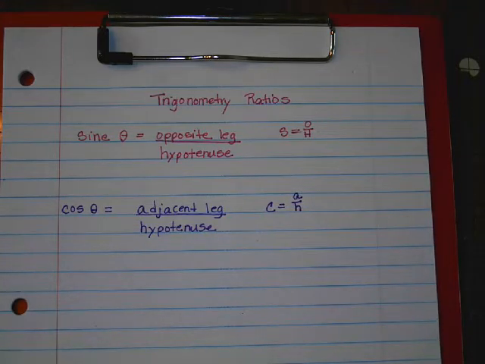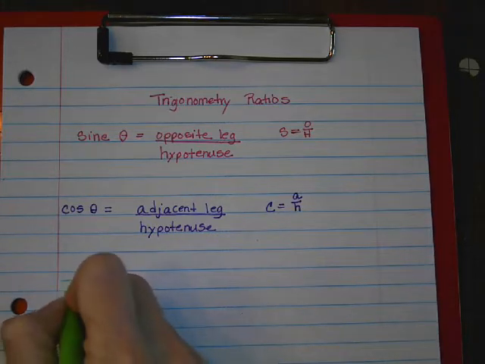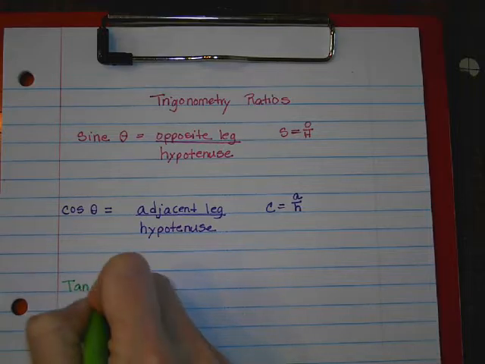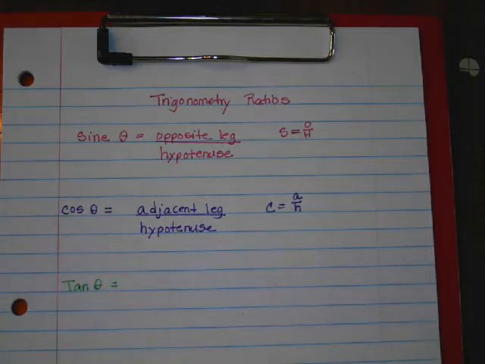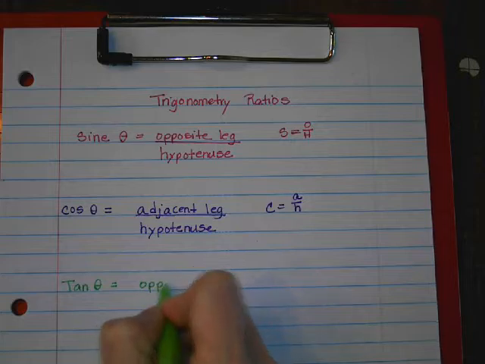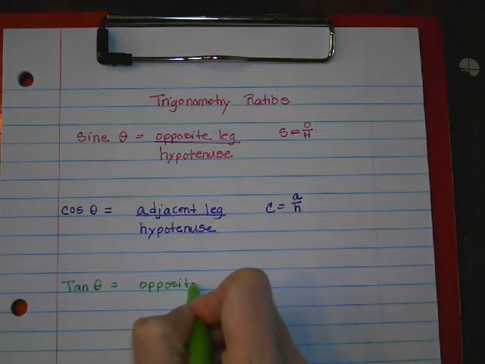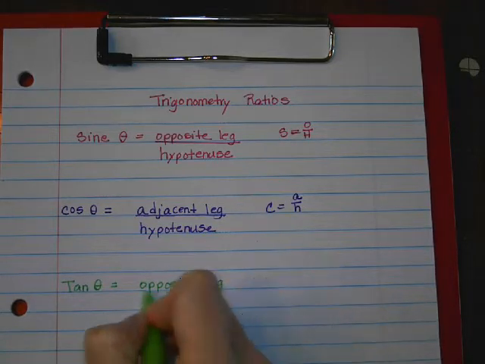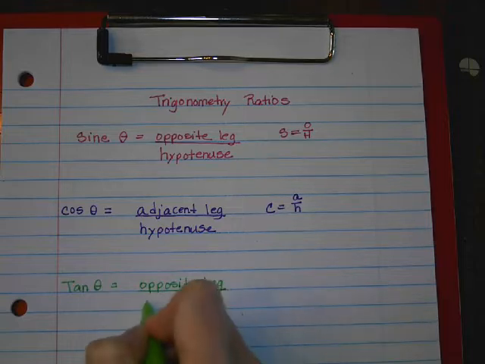And our third one that we're going to talk about is your tangent ratio. Alright, so we go ahead and get that tan. And that will be our opposite leg over adjacent leg.